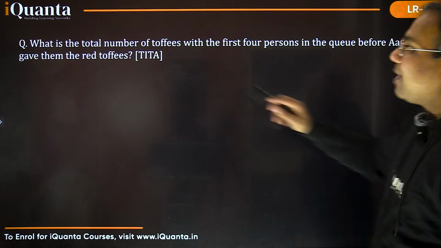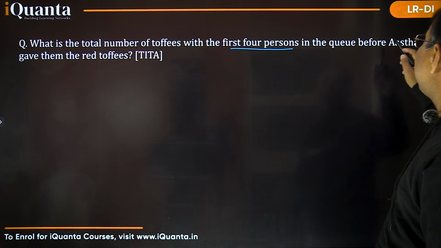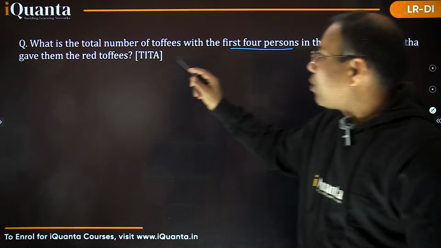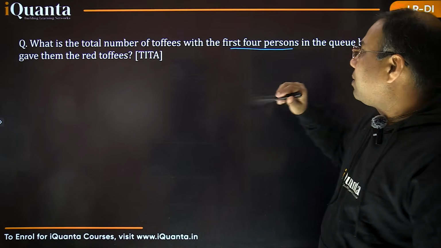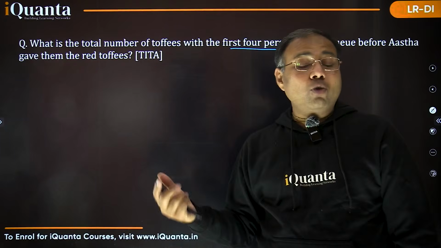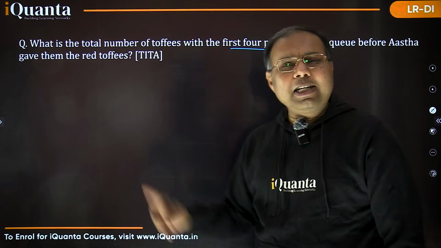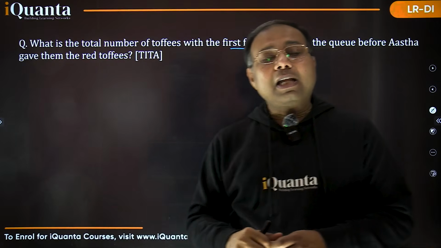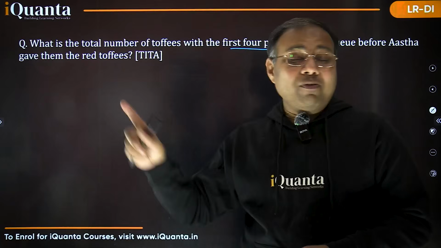We'll see afterwards. What is the total number of trophies with the first 4 persons in the queue before Astha gave them red trophies? Okay, so we need to find out the total number of trophies with the first 4 persons. Here it is not mentioned if can't be determined, write 0. So it's a fixed answer. Let's tackle this also. Otherwise, in certain TITA questions, it has been mentioned that if multiple cases are possible or if it can't be determined, write 0, which is missing here.